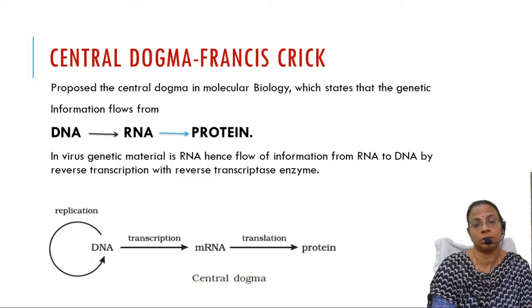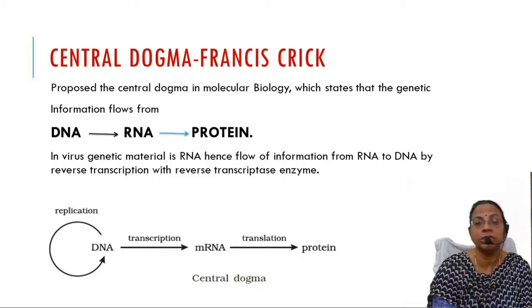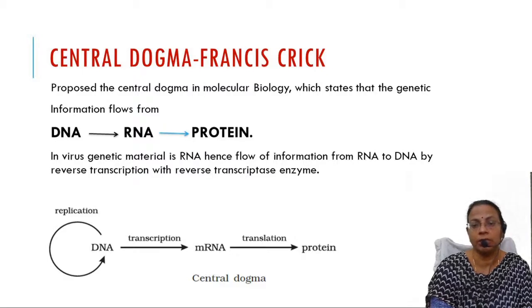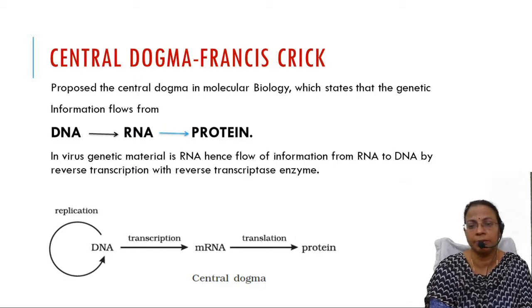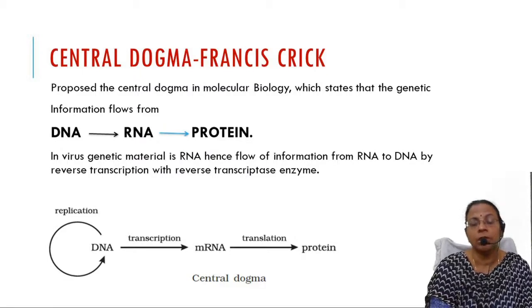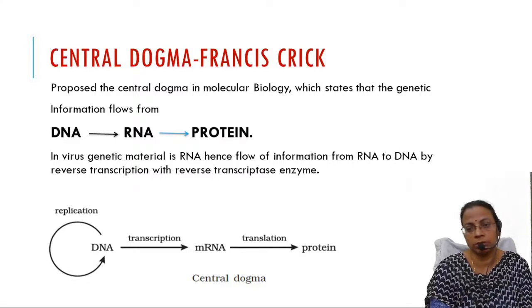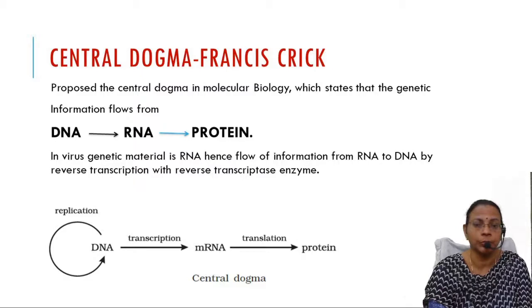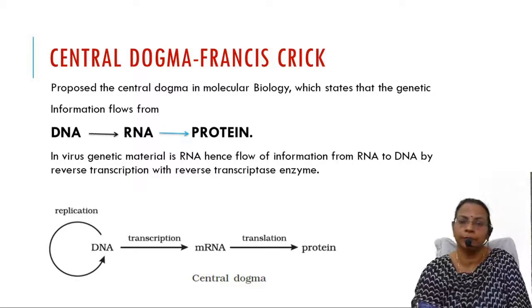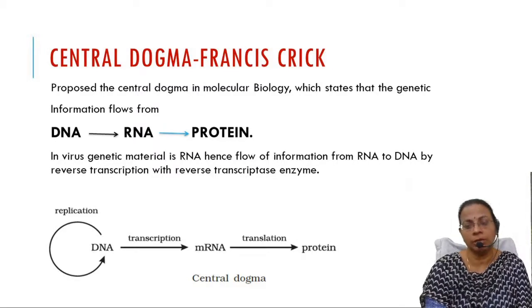So how is this possible? DNA makes a small copy of a portion of the DNA, and that is called mRNA, messenger RNA. The genic sequences, the nitrogenous base sequences, are copied into another molecule called messenger RNA.